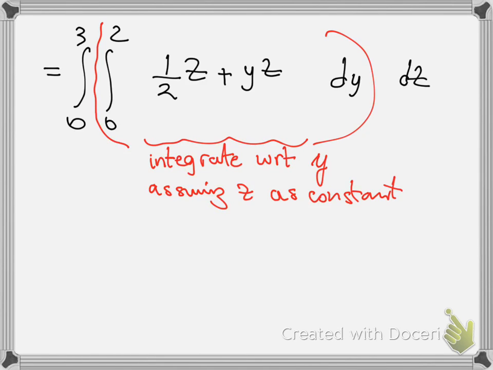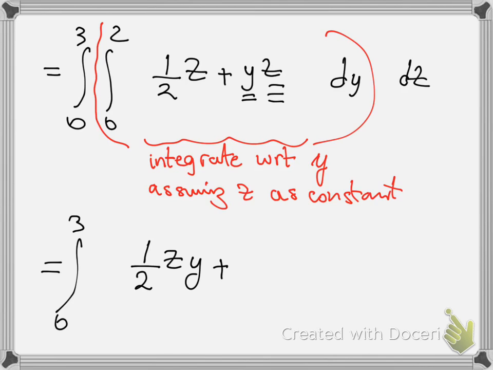We have this 0 to 3, so half of z is just a constant, and the integral of a constant with respect to y is the constant, half of z times y, plus y times z. Z is a constant, so you can ignore it, and the integral of y will be y squared over 2 times the constant. You evaluate y between 0 and 2, so you replace y by 2 and then by 0. We have this dz, of course.